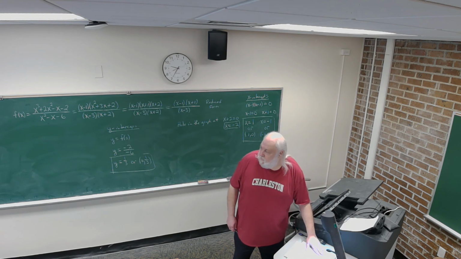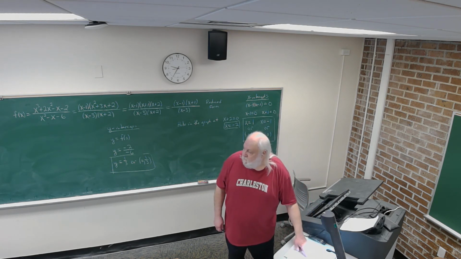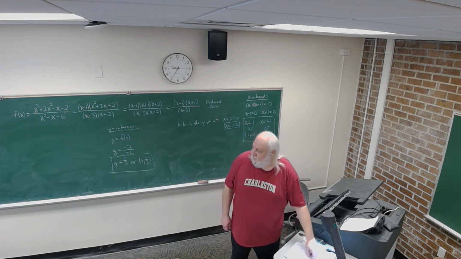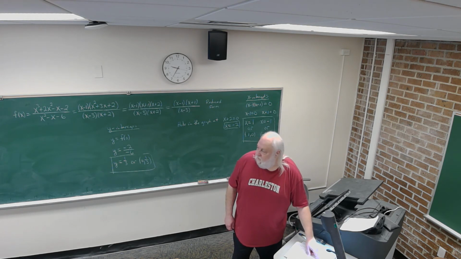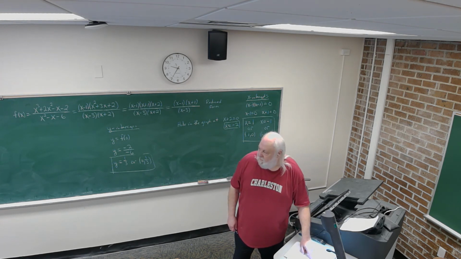Okay. Now, in the next table, we have values of x that are to the left of -2, that are less than -2. And so in my column of x values, I start at -2.1, and then each succeeding value of x is a little bit closer to -2 from the left.